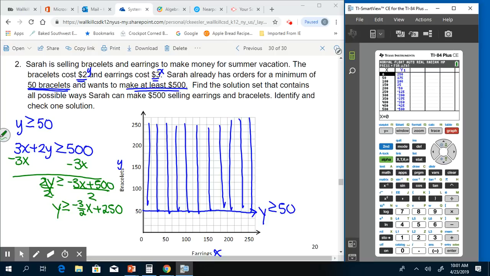So I'm going to graph 0 and 250, then 50 and 175, which would be in between 150 and 200, then 100 and 100. I put my 50 in the wrong spot. Let me move that over.